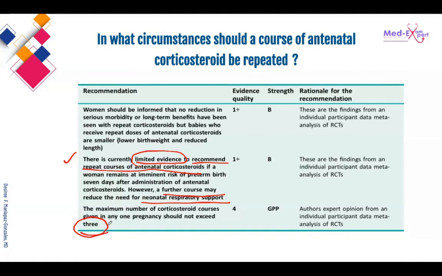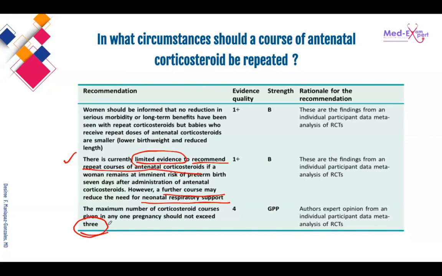You have to explain to the patient that because she did not deliver within the 7 days time frame, she can have another course, but you have to explain that babies who receive multiple doses of corticosteroids are at higher risk of low blood pressure, developmental delay, low birth weight.